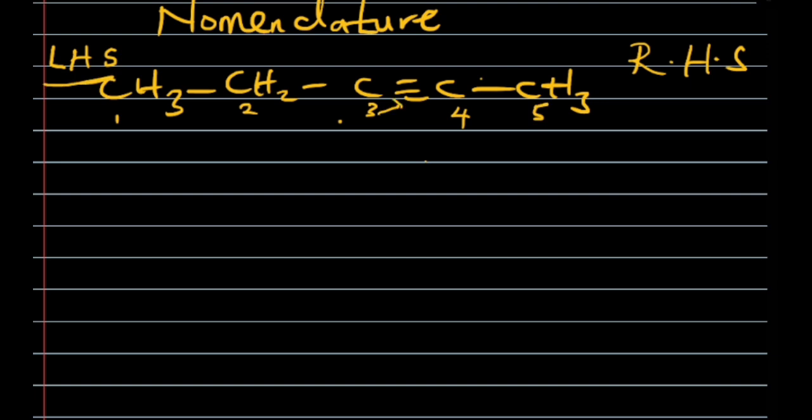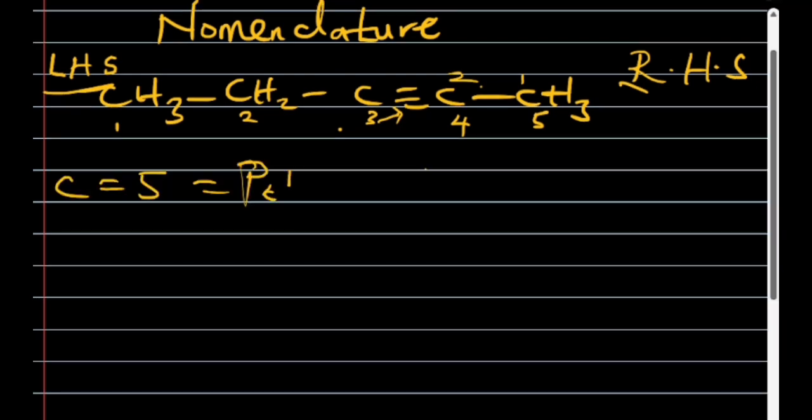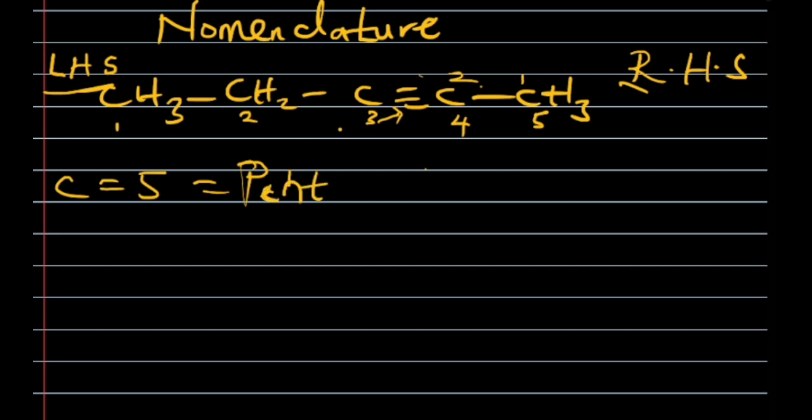But if you consider it from the right hand side, you have 1, 2. We all know that 5 carbon is pent. So 2 is attached to this carbon, the functional group.